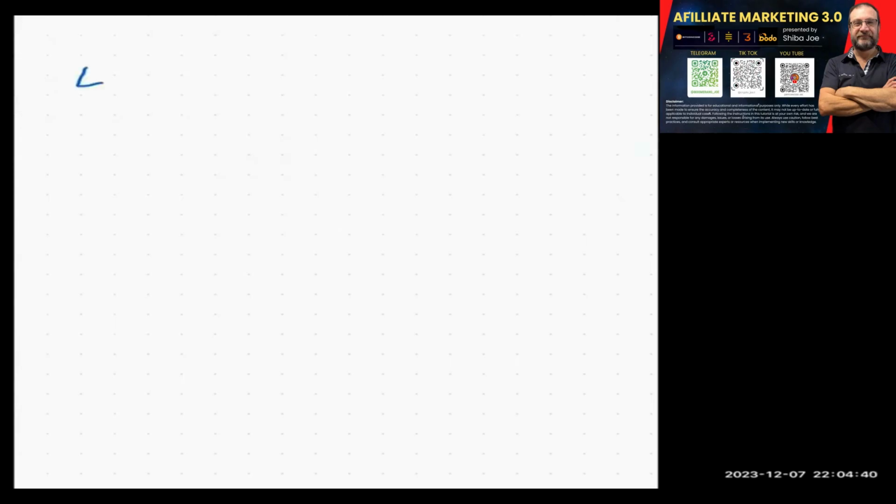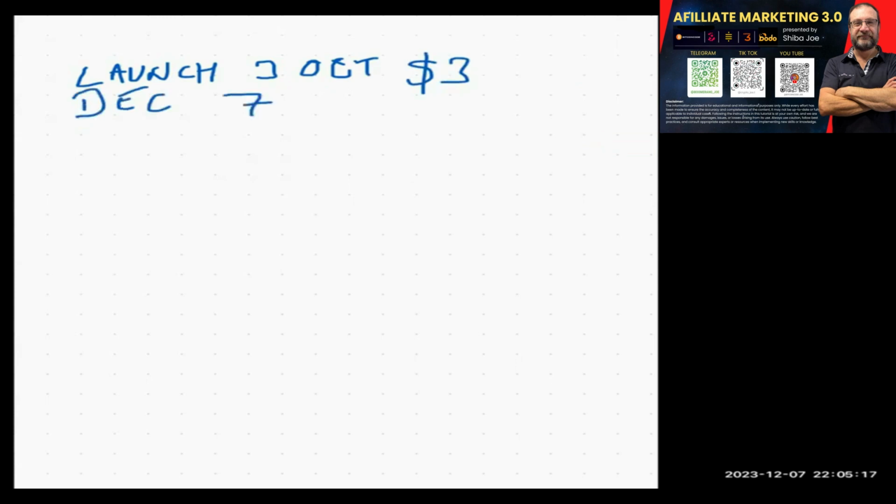So we launched on the 3rd of October, and on that day, BTCC was at $3. Today it is December the 7th, and the price of BTCC today is flickering between sort of 79 and 80.